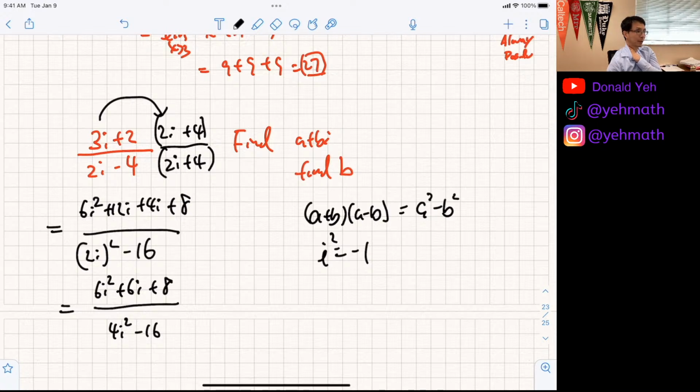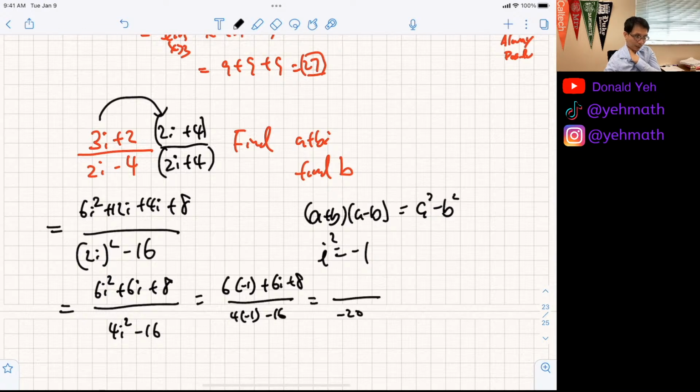What is i squared equal to? -1. So -1 plus 6i plus 8 over -1 times 4 minus 16. So that's equal to -20 on the bottom. On the top, it's going to give you what? 2 plus 6i, right?